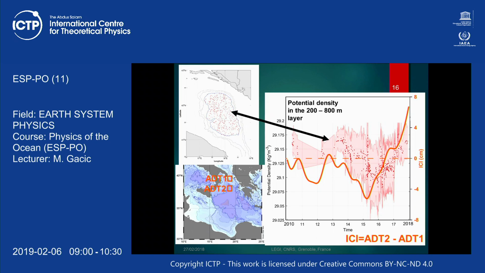What you can see is that for a low ICI, the Ionian circulation index, the consequence, with some time lag, is the lowering of the density in the Adriatic. This is exactly what we are expecting.